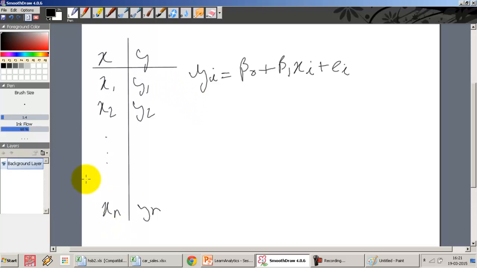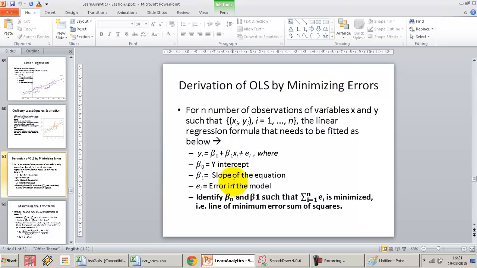So if I put in x1, x2, x3, x4 over here, I'll start getting the values of y1, y2, y3 and the error terms. Now beta naught is the y-intercept, beta 1 is the slope of the equation, and e is the error in the model. The problem we have to solve is to identify beta naught and beta 1 such that the summation of errors is minimized, i.e. the line of minimum sum of squares.